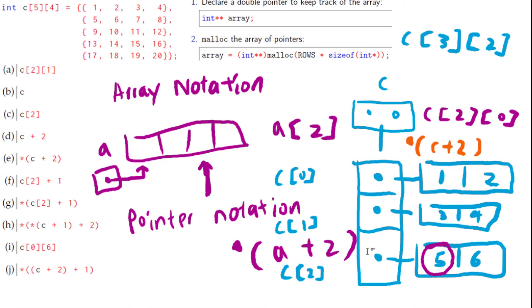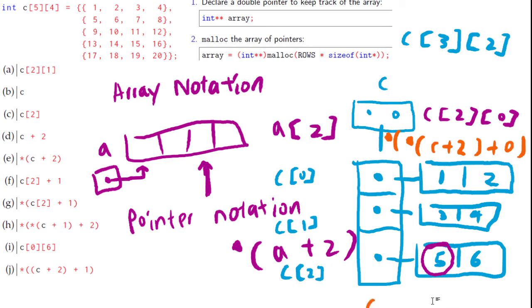After we go to C[2], only then does it go to position 0. Then we add 0 and dereference it again. When you are here already and dereference it again, only then do you get 5.